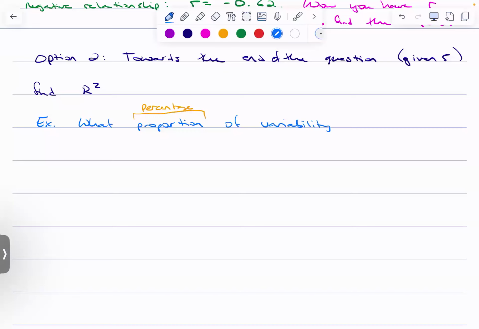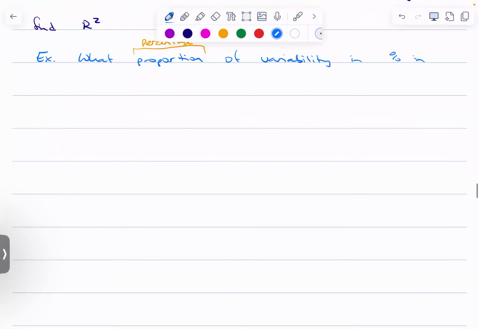Okay, what proportion of variability in percentage in poverty?